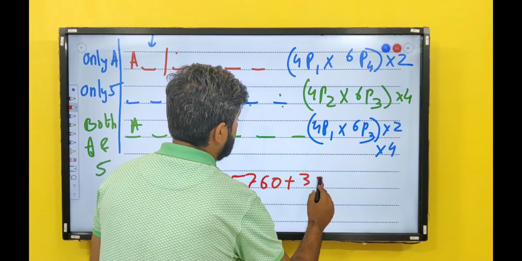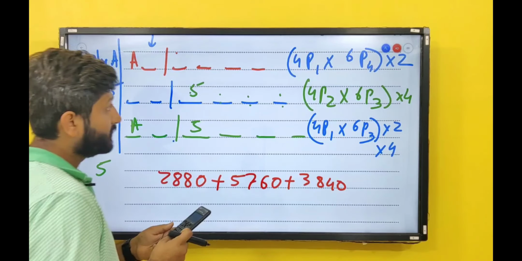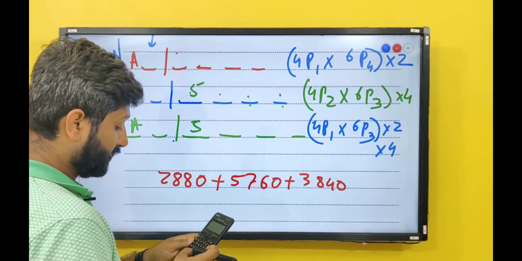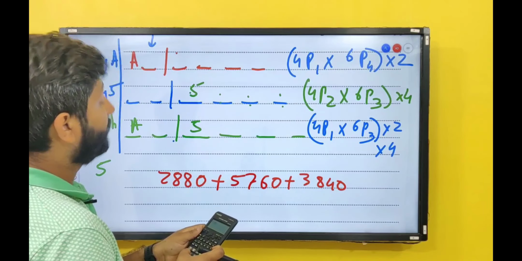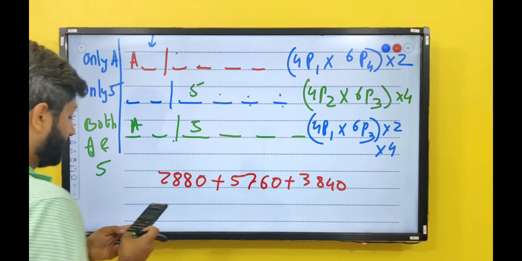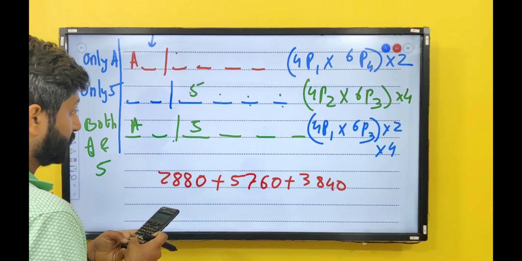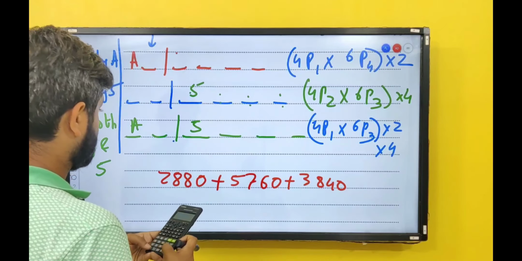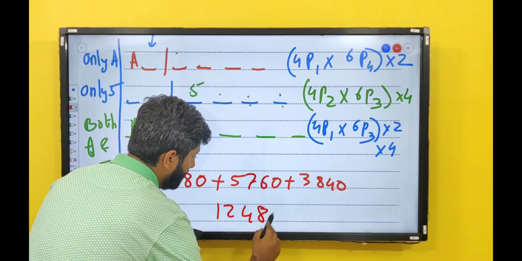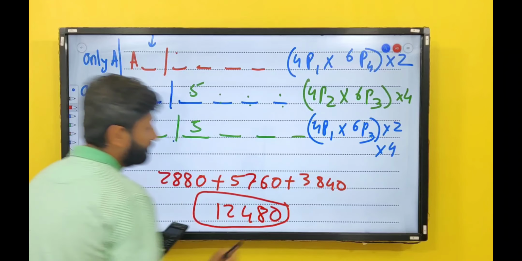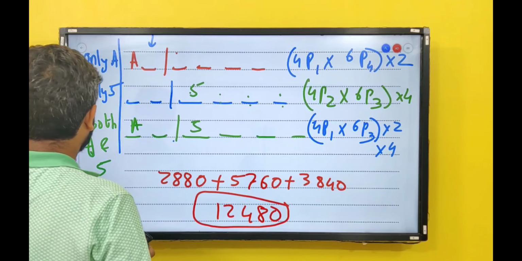So this is 3840. Still, let me check if I have made any mistake. 8 into 6p4. Okay, so 2880 plus 5760 plus 3840. So the final answer is 12,480. So in this many ways we can arrange the letters.